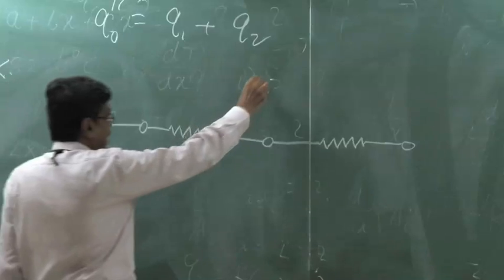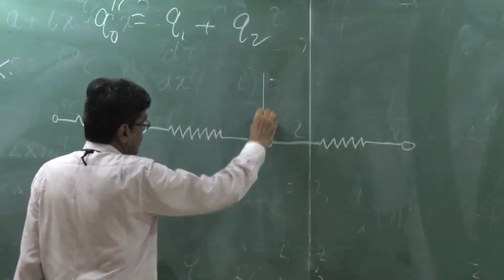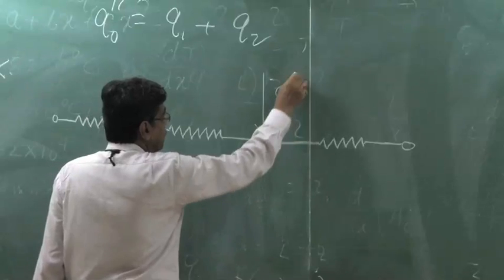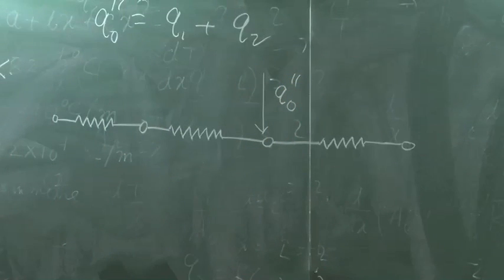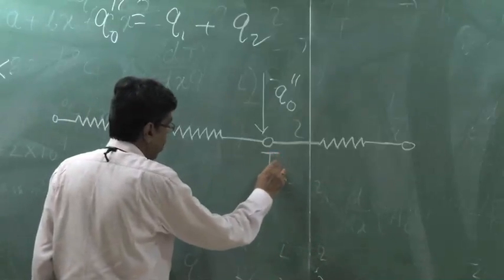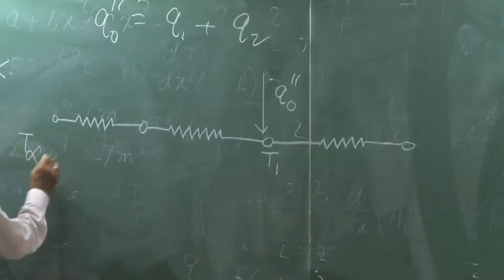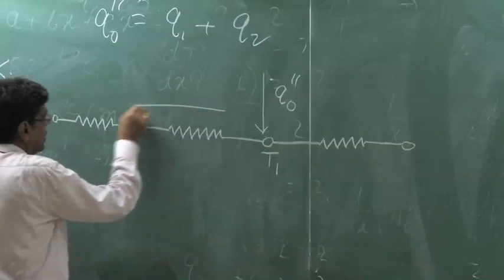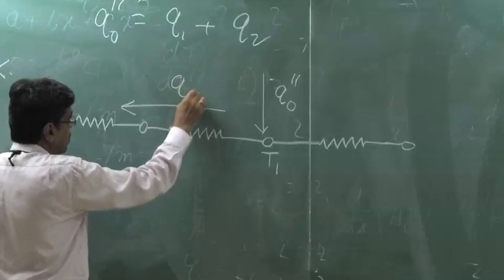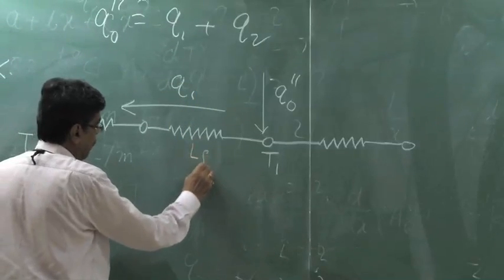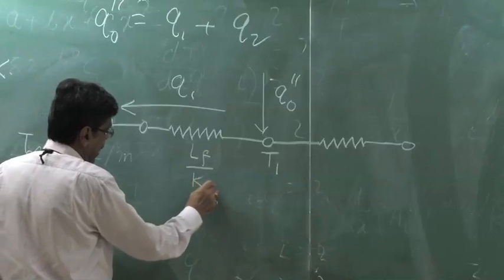Now the radiant heat. This is the node at the bonded surface, that is T1, and this is the T infinity. So this is Q1, which suffers LF by KF as resistance.